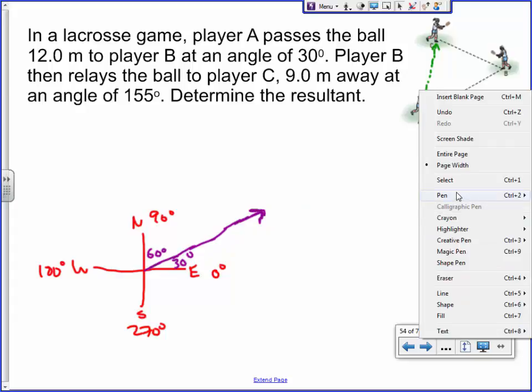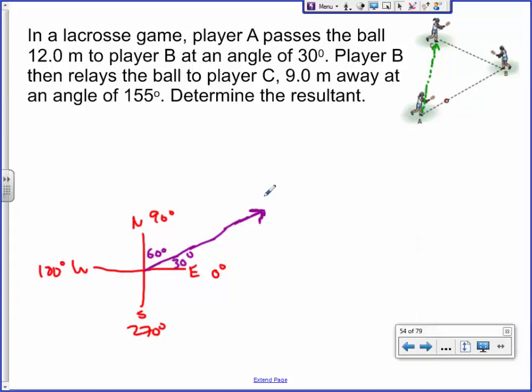Then what I would do is redraw a new grid axis, maybe not quite as large as the last one, because then it says that player B passes to player C on an angle of 155. Up here, that angle there is not 155, right? The 155 is the same sort of thing though.